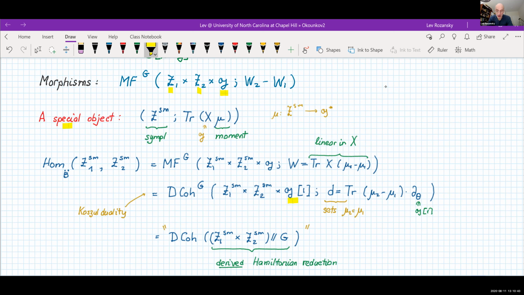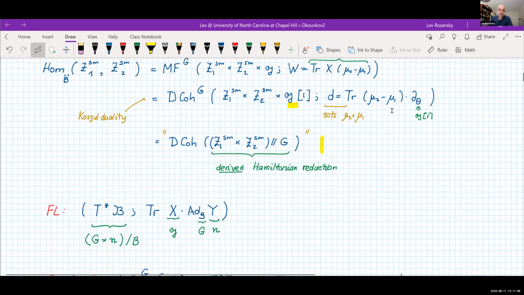So as a result, you get coherent sheaves over the symplectic reduction of the product of these two symplectic varieties. So again, I remind you that Z1 and Z2 are assumed now to be symplectic varieties with Hamiltonian action of G. And so the Hom between their objects is just the reduction of their product. So it's a very special thing.